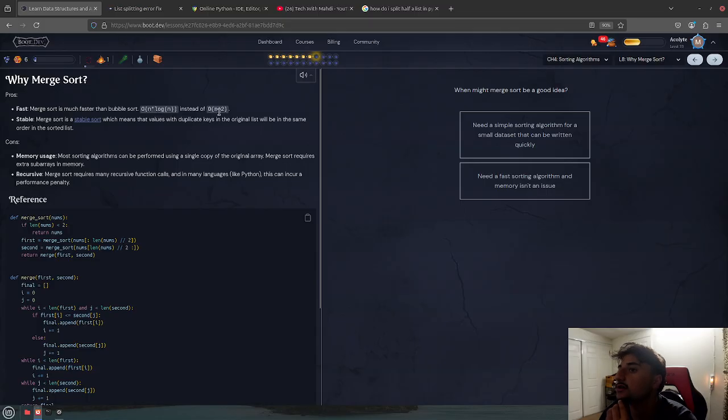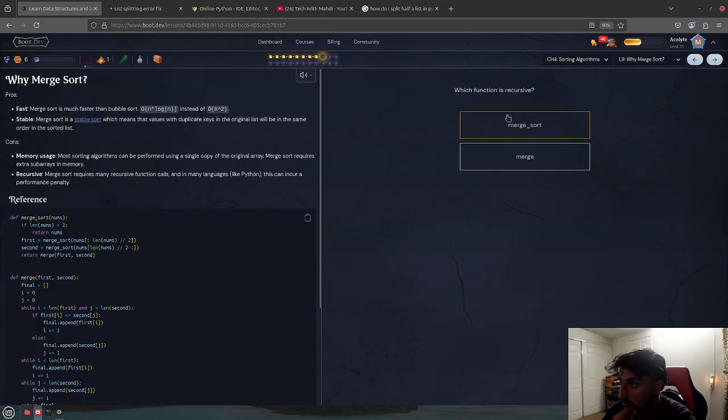O of n log n instead of O of n squared. Stable. Use on balance. When might merge sort be a good idea? Well, memory's gonna be an issue. Do you know which function is recursive, merge sort or merge?